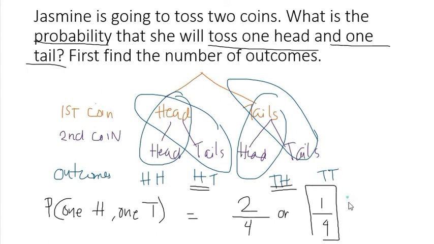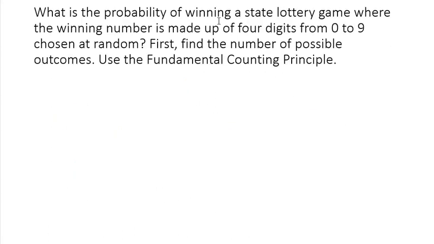So this is the probability of tossing 1 head and 1 tail. Alright, let's continue. What is the probability of winning a state lottery game wherein the number is made up of 4 digits from 0 to 9 chosen at random?